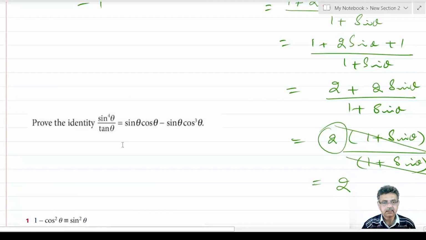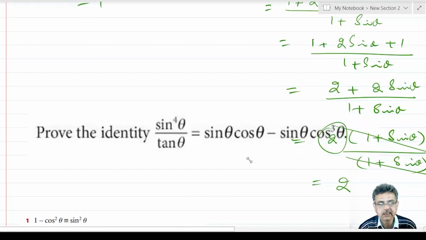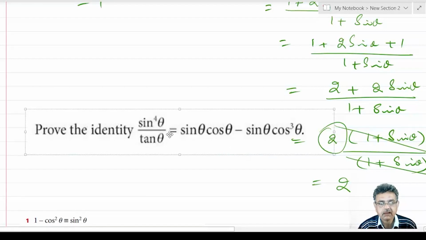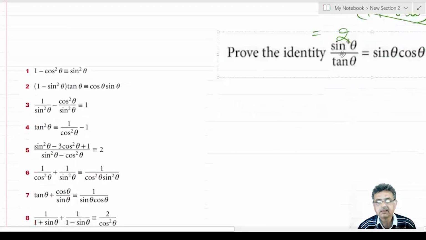Okay, then next, prove this identity. Now we have to prove this identity. Let's take it here.